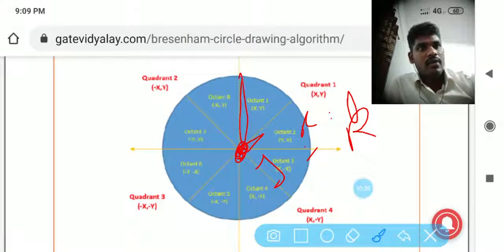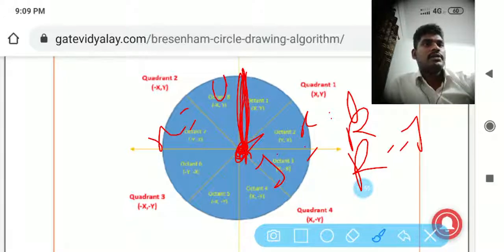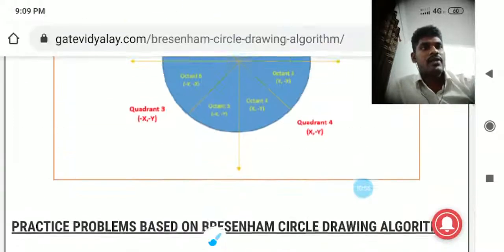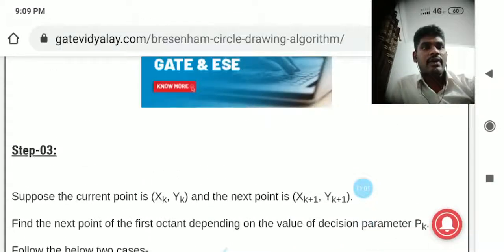This is the y value and this is the x value. So take the straight line in the center. What is the y value here? Take r equal to y, x equal to 0. So these are the first x and y coordinates: x value equal to 0, y value equal to r. That's the first step.